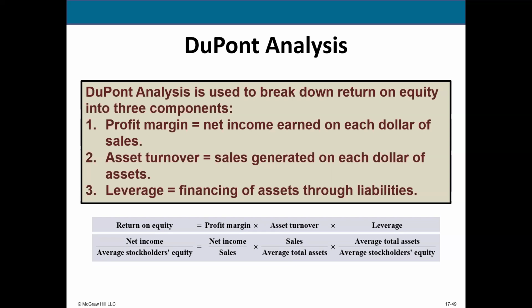This comes in handy when we do comparisons from one company to another within the same industry. And it also provides really great insight into the return on equity, which of course is the most frequently used financial ratio with respect to dividends and shareholders' equity.